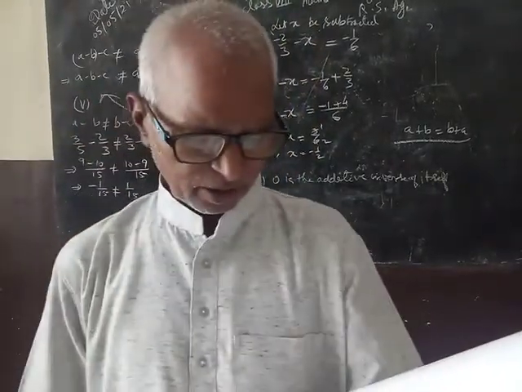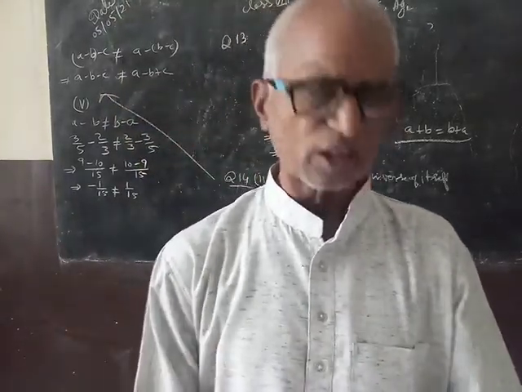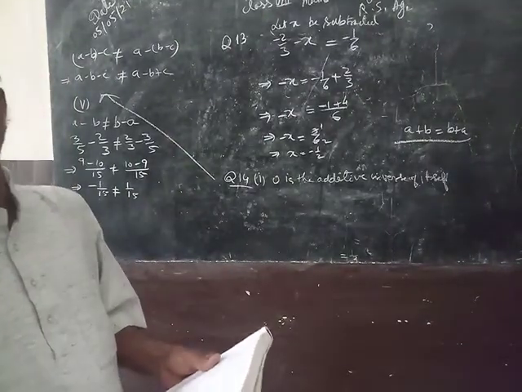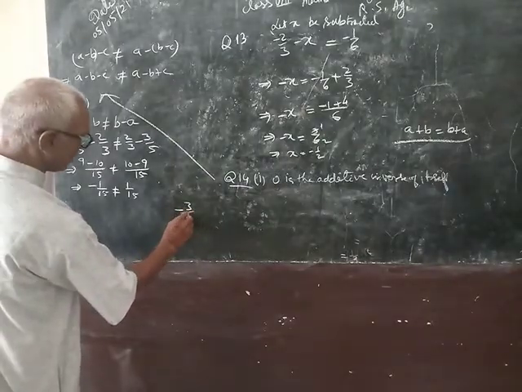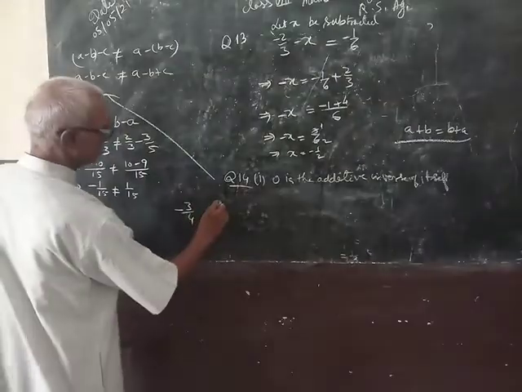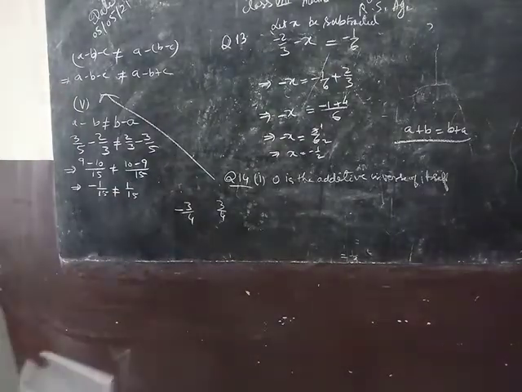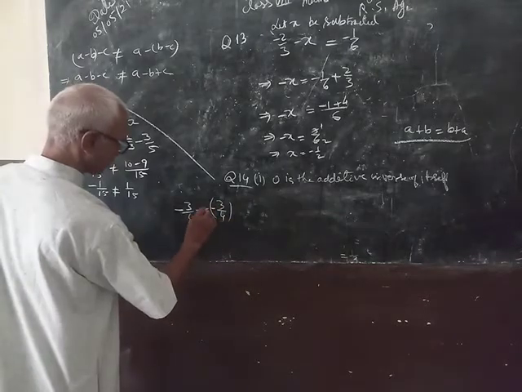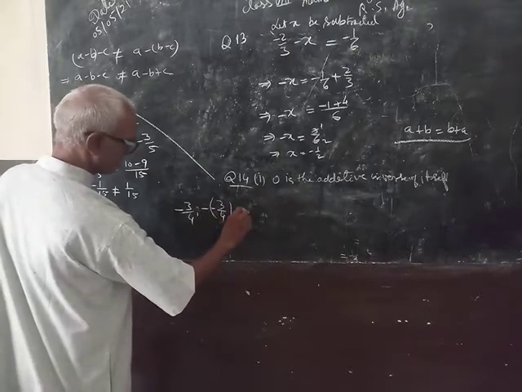What is the negative of a negative rational number? The negative of a negative rational number is the number which has a positive sign but equal in value to that. Likewise, minus 3 by 4, its additive inverse is 3 by 4. Negative of negative rational number means minus of minus 3 by 4 is equal to 3 by 4.